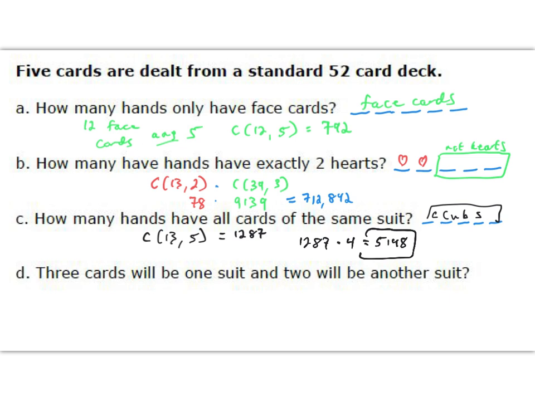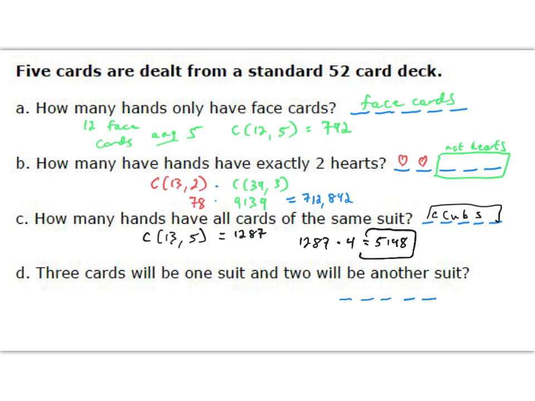Okay, so let's, again, get a really specific case here. So here is my 5-card hand, and I'm going to say that I have 3 cards. Boy, that's a terrible looking spade.